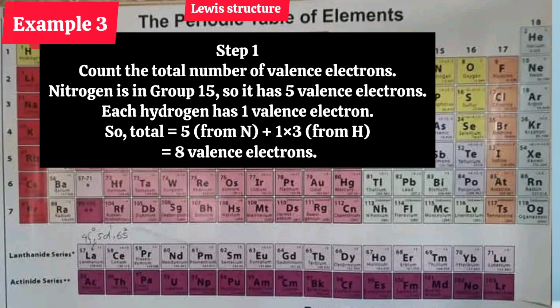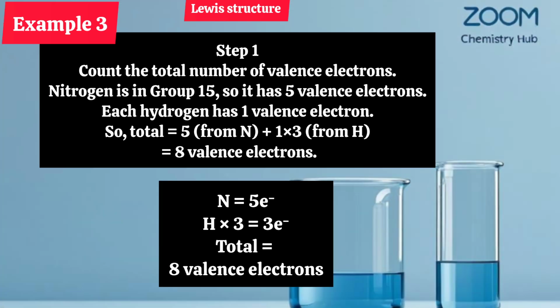So the total number of valence electrons in the NH3 molecule is 8, by adding the 5 valence electrons of nitrogen and 1 valence electron of each of the 3 hydrogen atoms.